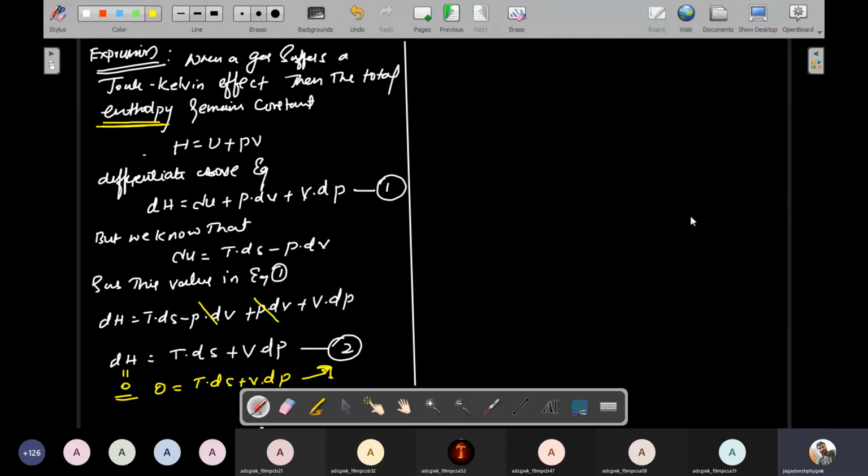Is the screen visible or not? Please tell me the screen is visible, then I'll move on. Please students respond. Is the screen visible or not? Okay, right.